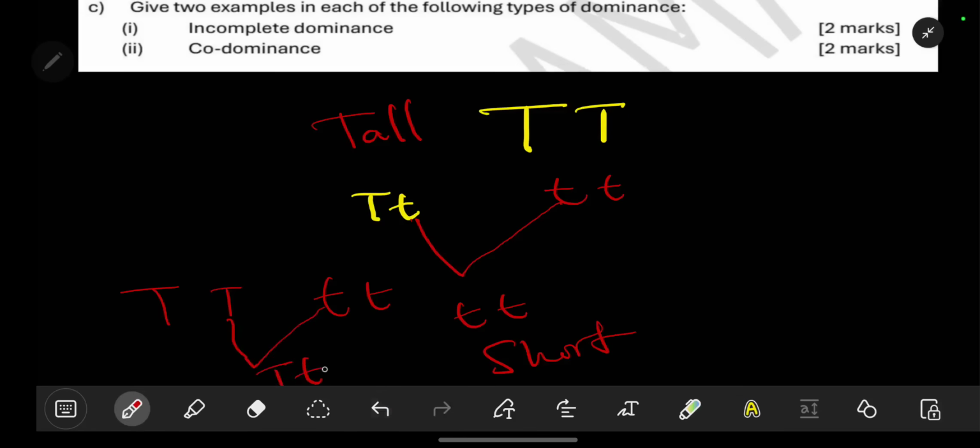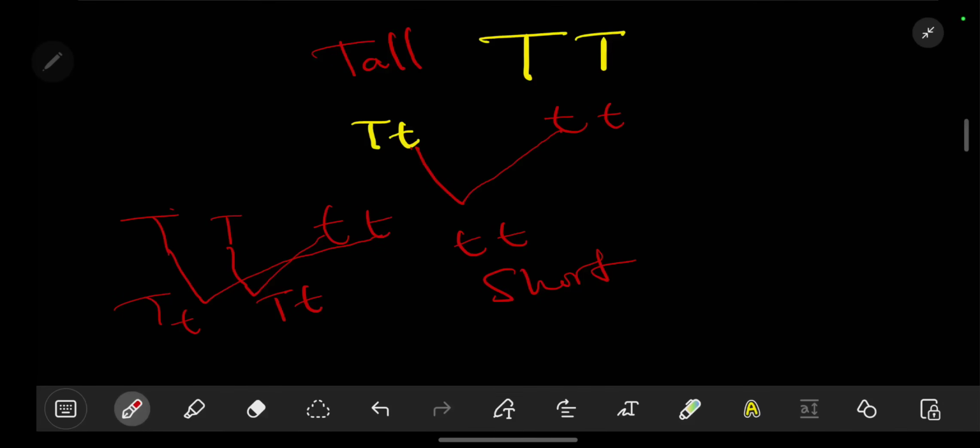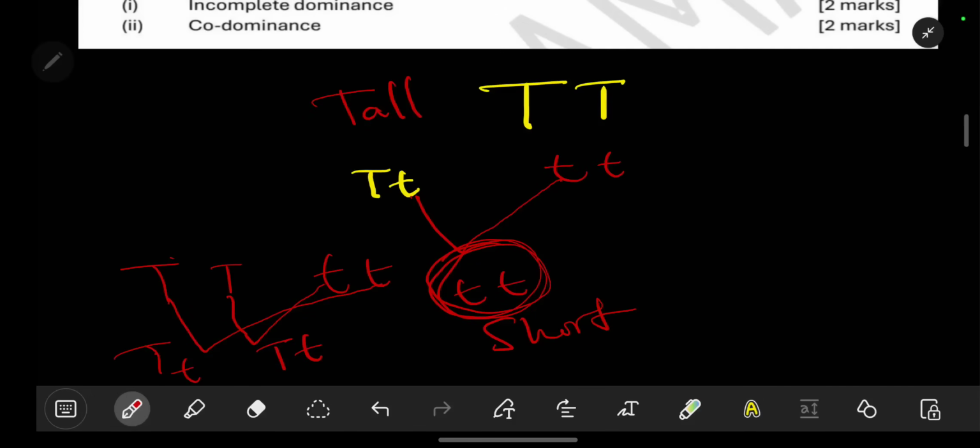So here we could have T, even here we could have still T. We are always having a big letter. So if there is any outcome that is having two small letters, then that means to say the parent is homozygous dominant, meaning to say we have the tall trait, which is that one.